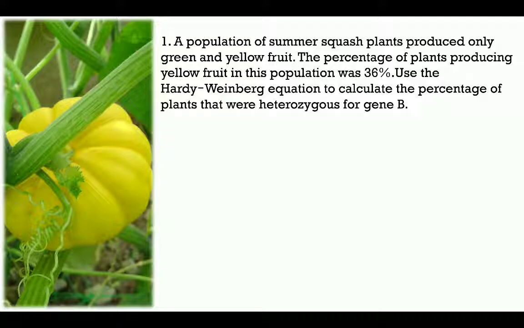So we have an example question. A population of summer squash plants produce only green and yellow fruit. The percentage of plants producing yellow fruit in this population was 36%. Use the equations to calculate the percentage of plants that are heterozygous. So we know that they're looking for the yellow fruit here. The yellow fruit has a percentage of 36%.